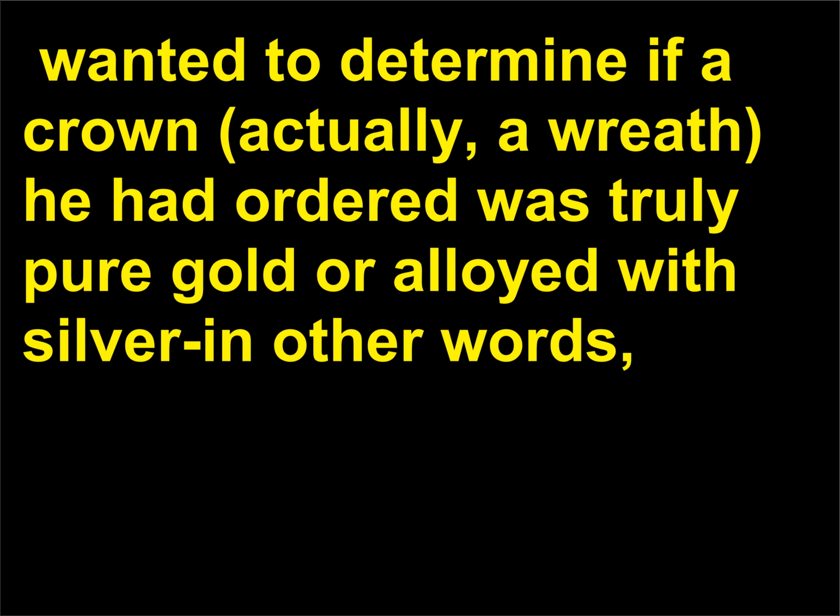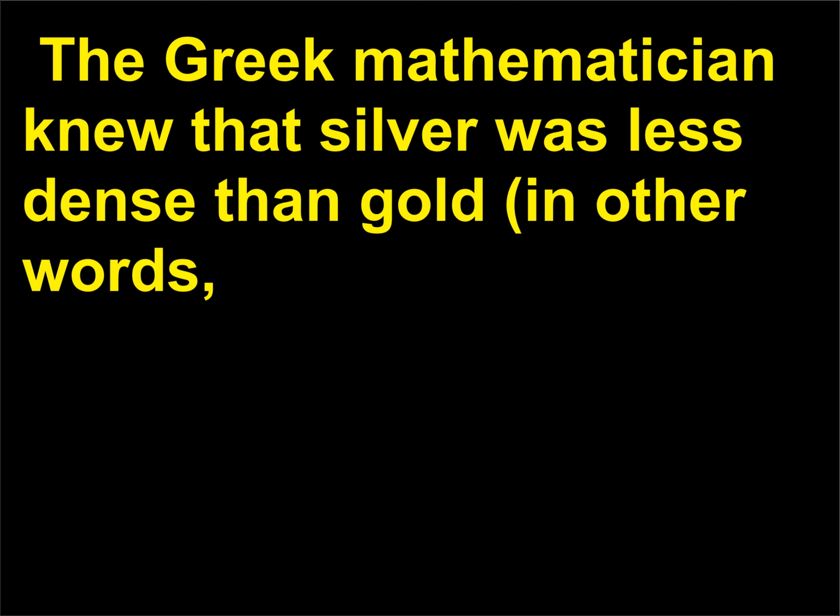The Greek mathematician knew that silver was less dense than gold, in other words, silver was not as heavy as gold, but without pounding the crown into an easily weighed cubic shape, he didn't know how to determine the relative density of the irregularly shaped crown.